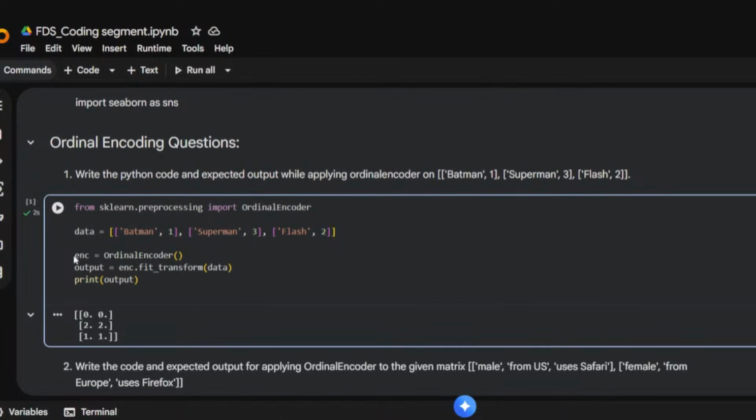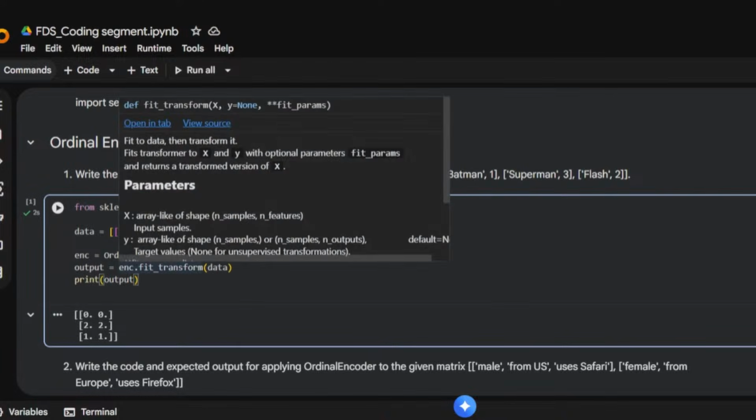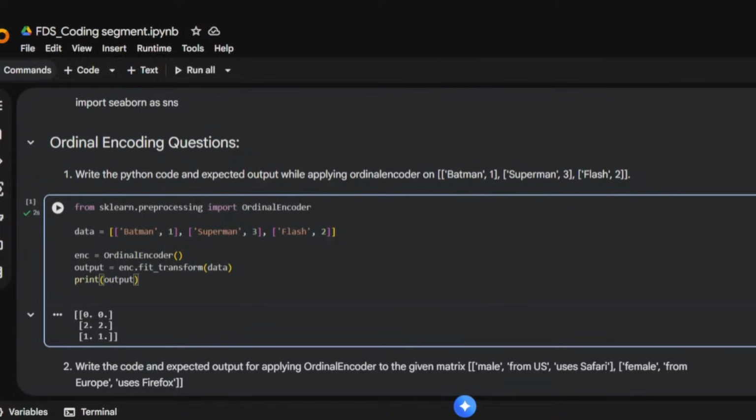After that, you're going to declare a variable which will hold your ordinal encoder function, after which you're going to have your output data over here, that will ensure that this particular encoding technique has been fit. That is, it learns from this particular data and then transforms, it applies what it learns to that data itself, and then you're printing the output.